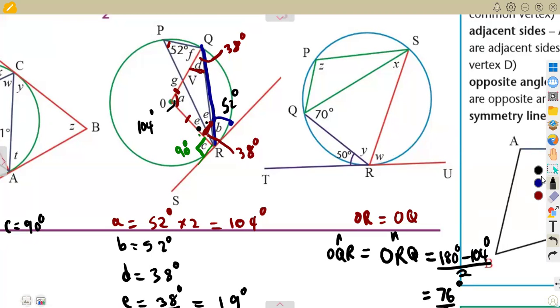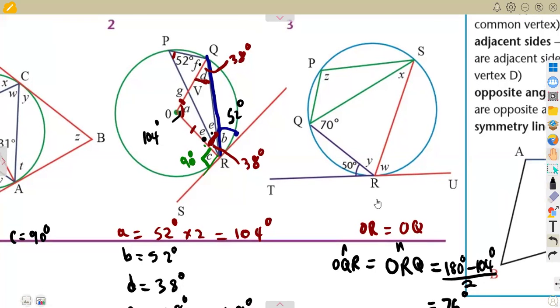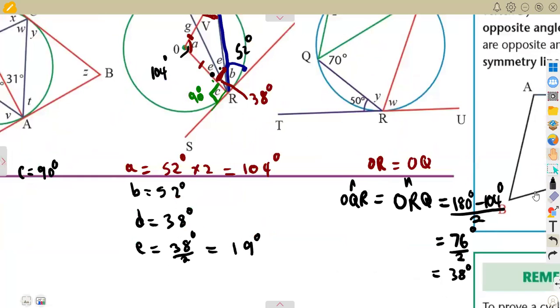All right. What else are we left with? There is angle F here. There is angle F there. If you check there, there is angle F. And how are we going to get this angle F? If we consider properly, we can use angles in a triangle to find angle F. Remember angle E, when we divided by 2, we said angle E is 19 degrees.